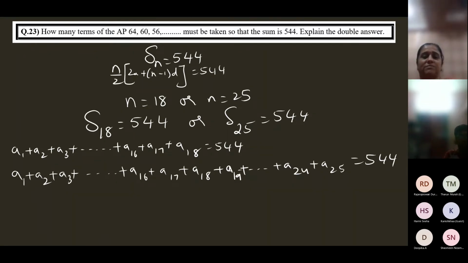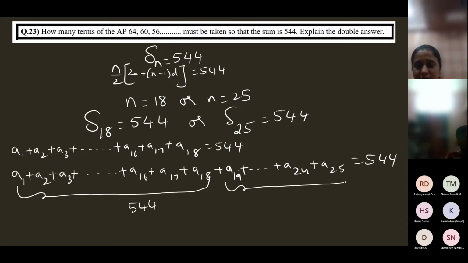How are you getting the same sum? See here, from A1 to A18, the sum is 544. And when you consider these terms also, the sum is still 544 because the sum of these terms is 0.